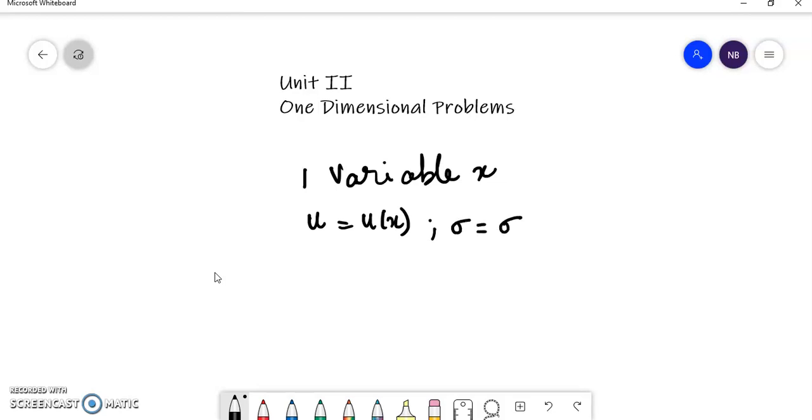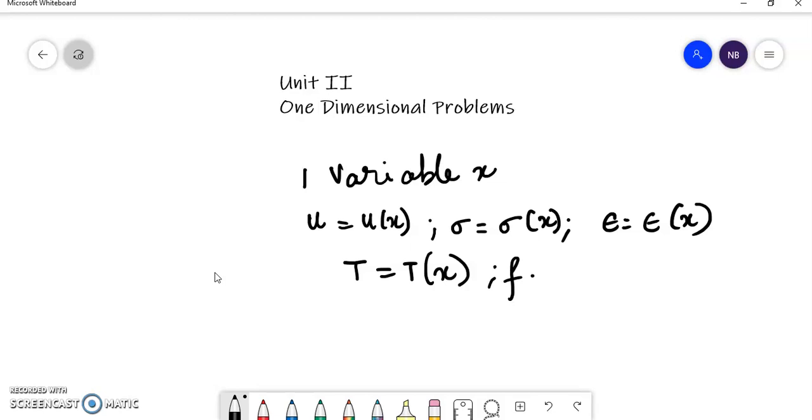Sigma, that is stress, is given as sigma x. Epsilon, strain, is given as epsilon x. The traction force T is also dependent on x, and the body force small f is given as f of x.